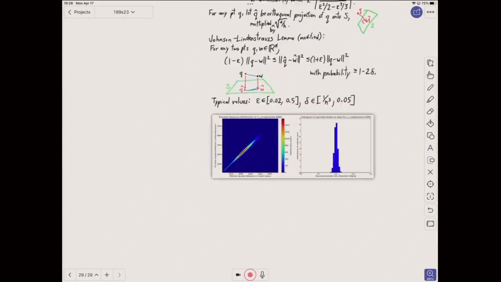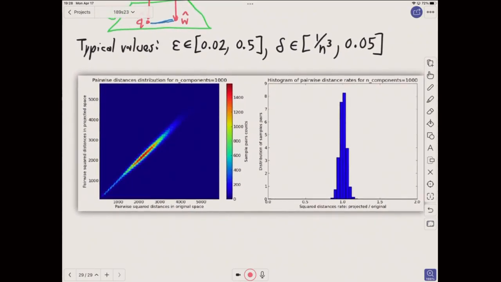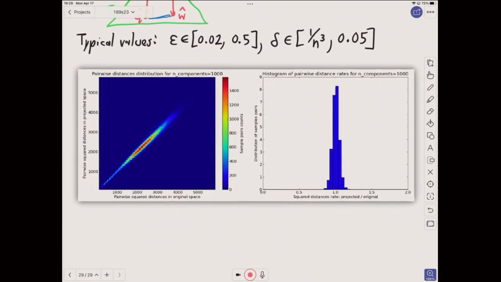I found this graph on the internet somewhere which shows you a comparison of the interpoint distances before and after projecting the points. So let's start with the figure on the left. In this figure, the horizontal axis is the squared distance between 2 sample points before we projected them.